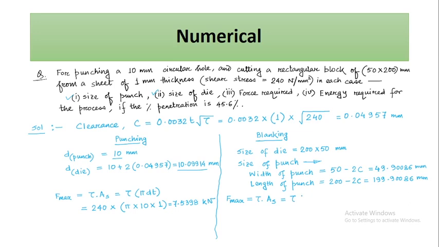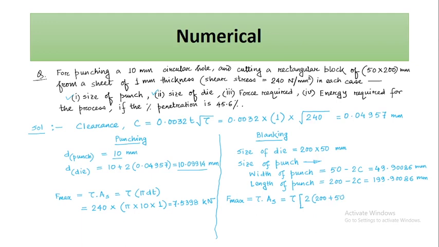What will be the sheared area? In this case, the shear area will be the size of the die. The size of the die is given as 200. So the sheared area we can write as 2 into L plus B. L plus B means length is 200, width is 50.